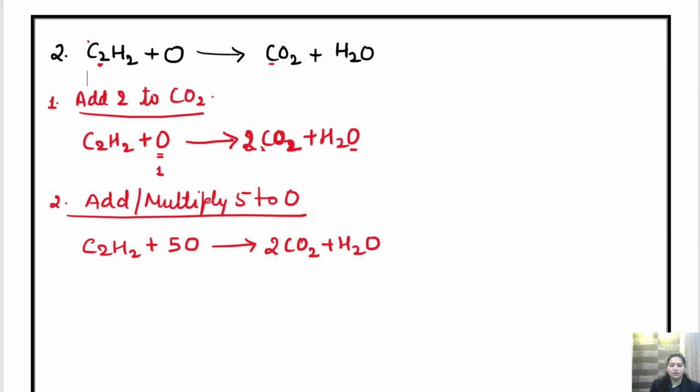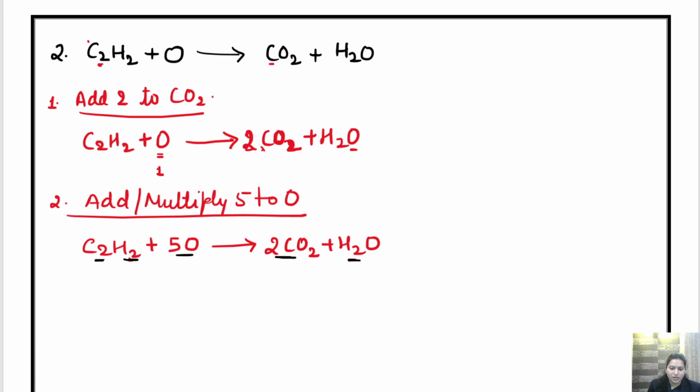So that was about oxygen. Now what about hydrogen? We have 2 hydrogen here and we have 2 hydrogen here. So hydrogen is balanced. So is this chemical reaction a balanced equation? So let's see. We have 2 carbon and we have 2 carbon. We have 2 hydrogen, we have 2 hydrogen.